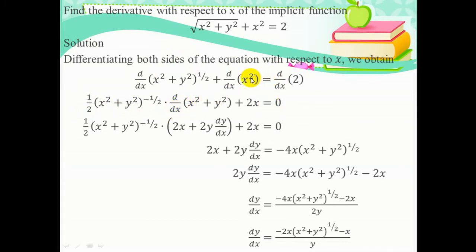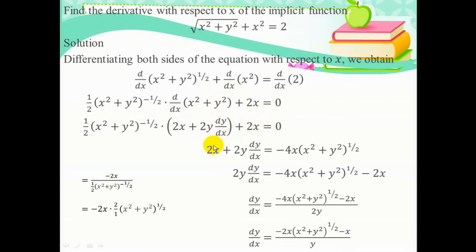The derivative of x squared is 2x, correct? The derivative of the constant is 0. You need to use the sum rule here: the derivative of x squared is 2x, the derivative of y squared is 2y times dy over dx, plus 2x.